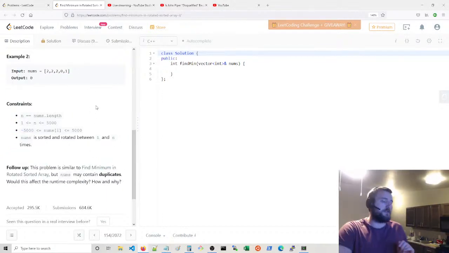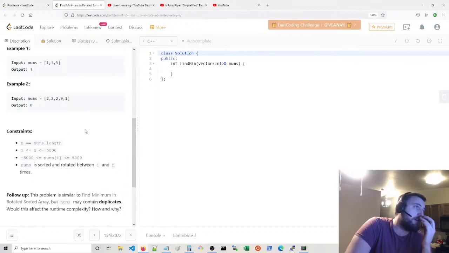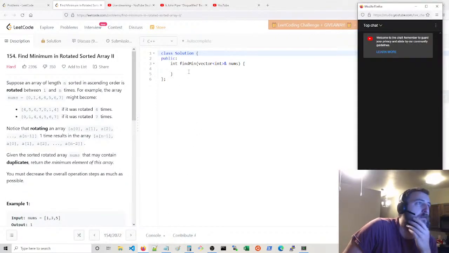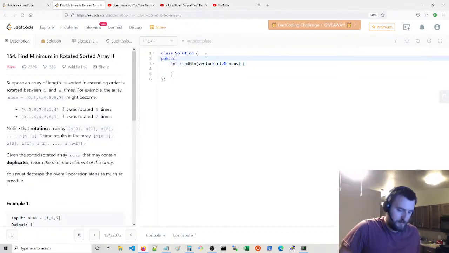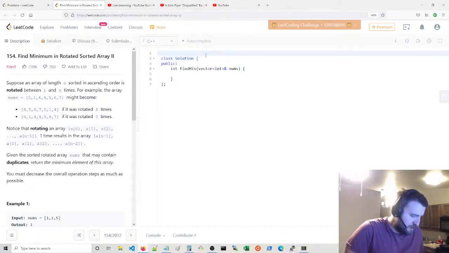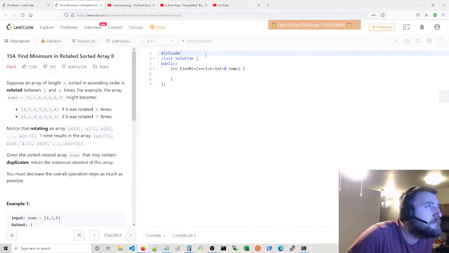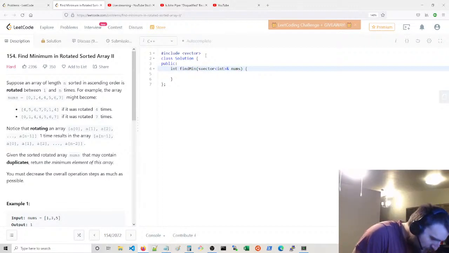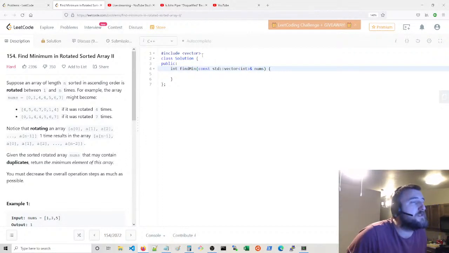So the idea is to do it in logarithmic time. I'm curious to see if they have a time limit on this that would be appropriate. So what's interesting about this question is you can do this very quickly.